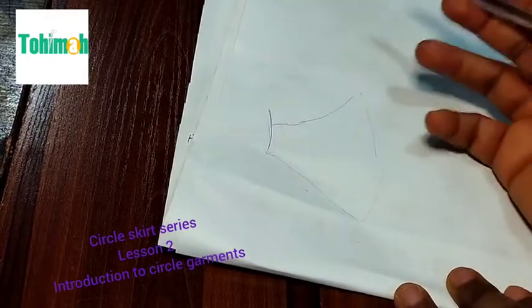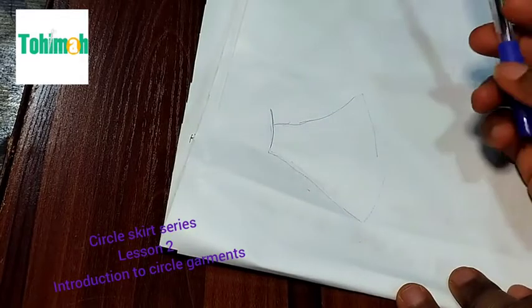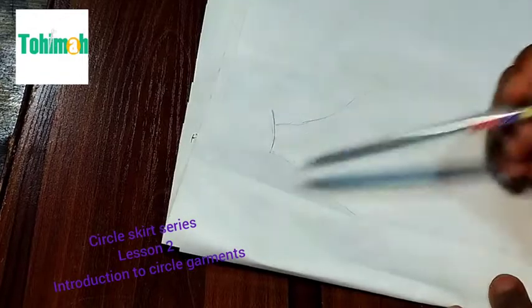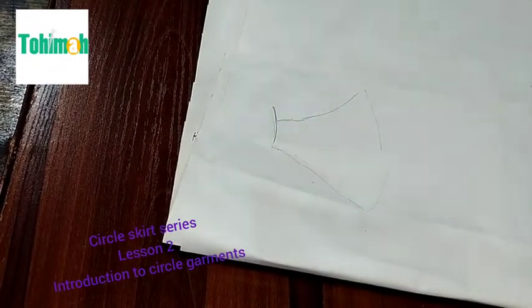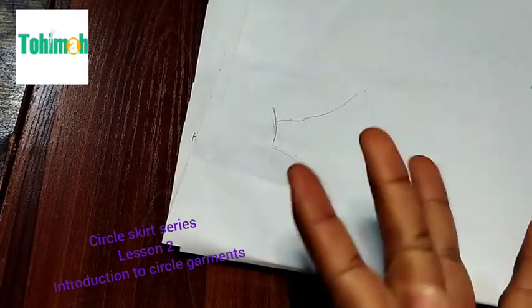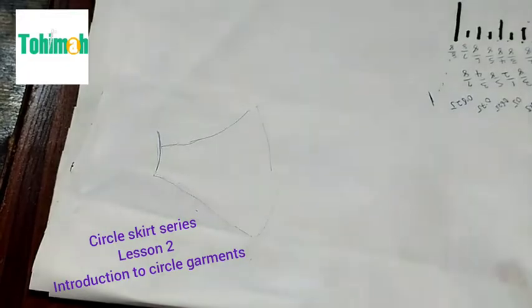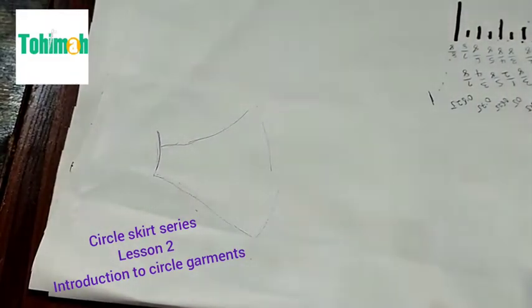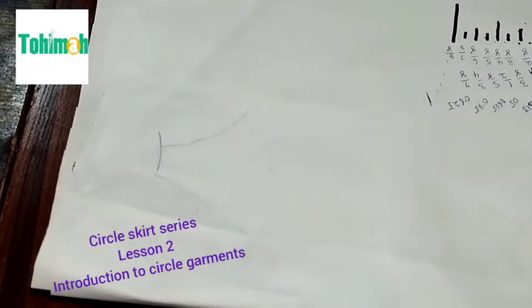So they are different from a flat skirt, and also different from an A-line skirt. This kind of circle skirt is very nice, but most times people don't get it properly. This is probably because you are using a wrong measurement, a wrong calculation, or a wrong constant.